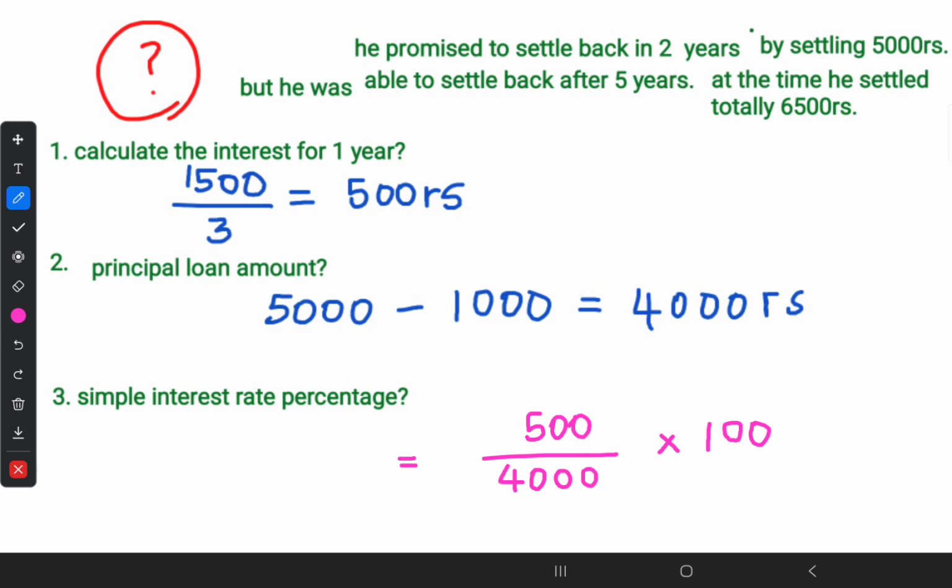So 500 upon 4,000 multiplied by 100 will give you the percentage. After simplification, 50 divided by 4 gives you 12.5 percentage. This would be the simple interest rate percentage received by this company during this period for the 4,000 rupees loan.